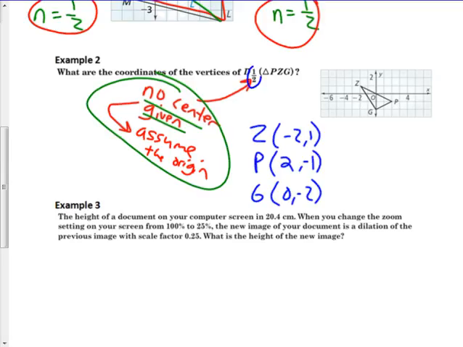And we want a scale factor of 1/2. To do that, we multiply all the parts by 1/2. So we'd end up with Z prime being 1/2 of negative 2, so it'd be negative 1 and 1/2.